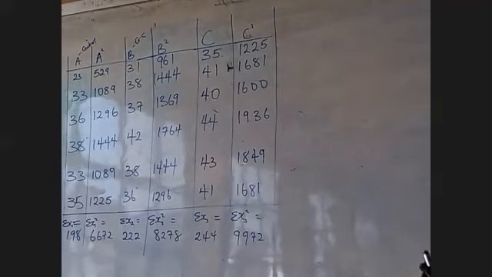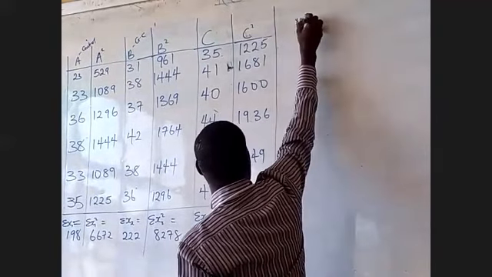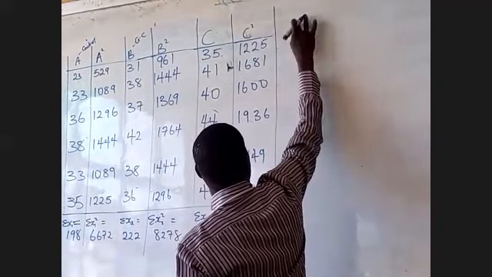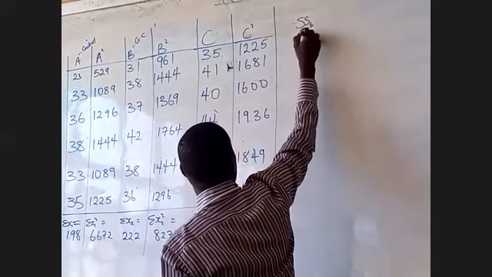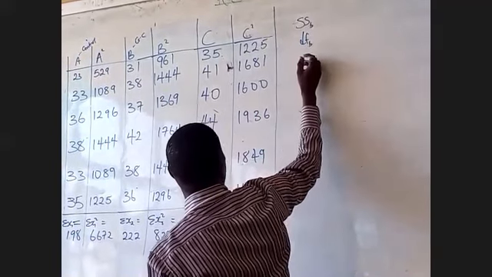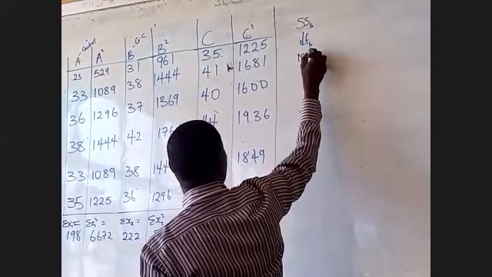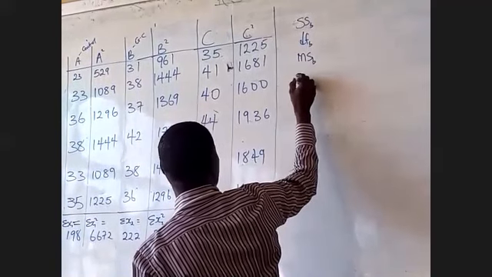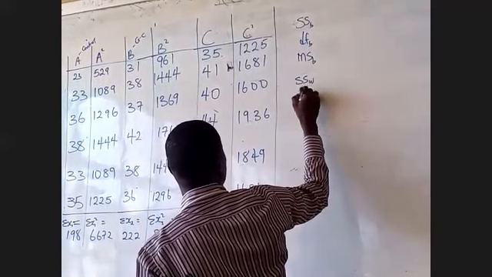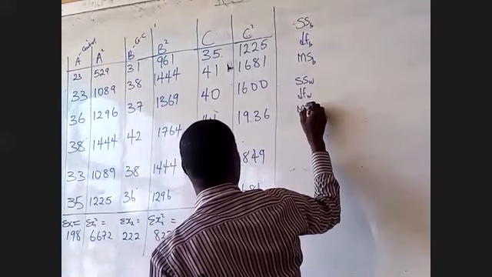That is all. So basically we are looking for SSB, DFB, MSB. Then thereafter you find SSW, DFW, and MSW.